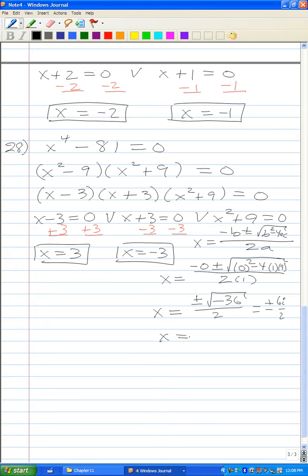So x is equal to plus or minus 6 divided by 2, which is 3i. That's fine. So in this case, I have 1, 2, 3, 4 solutions to my fourth degree equation.